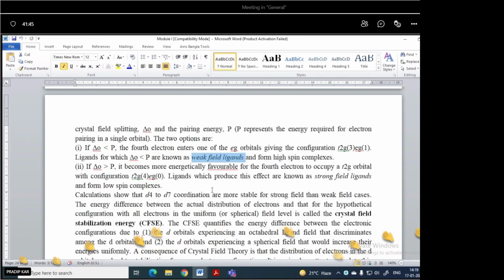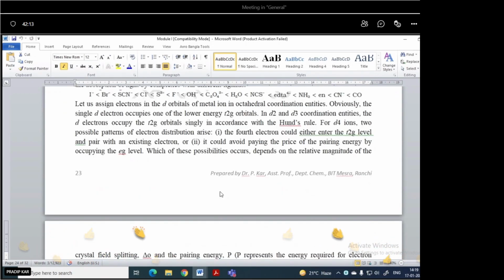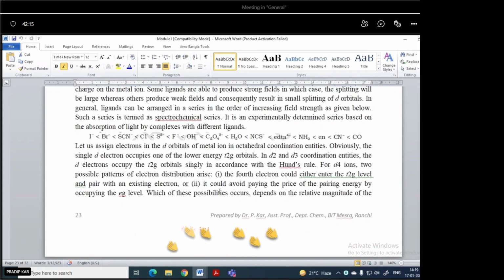Similarly, on the other hand, if the delta octahedral splitting energy is higher than the pairing energy, then the electrons will pair up. In case of a strong field ligand, it will give the low spin complex. The ligand which has a less electronegative ion and which is neutral can easily donate the electrons.